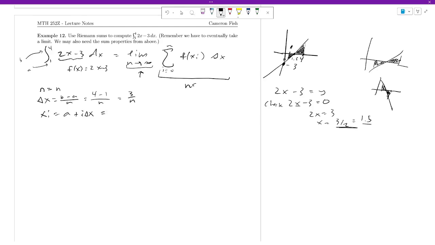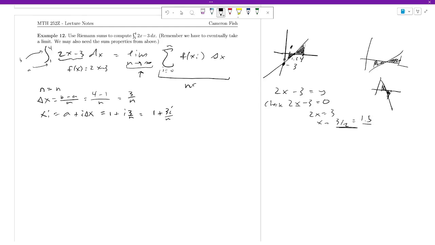We can plug in our numbers here. a is 1, i is i, and delta x is 3 over n. By the way, it's fine and common to rewrite this as 1 plus 3i over n. The i times a fraction is the same as i on the top of the fraction.